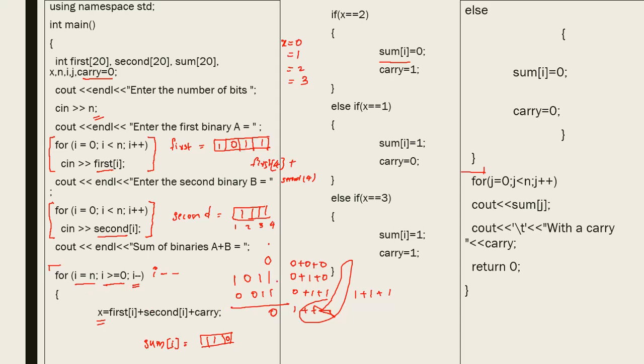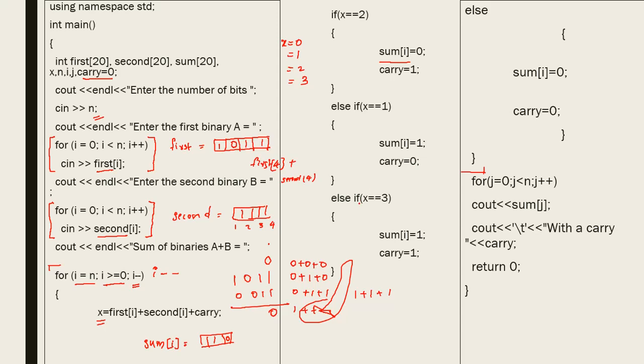So if we add the least significant digits, the answer will go to the 0 array. And after that, if x is not equal to 2, then it will check if x is equal to 1. If x is equal to 1, then we know that case is 0 plus 0 plus 1, right? Now the answer is 1 with a carry 0.